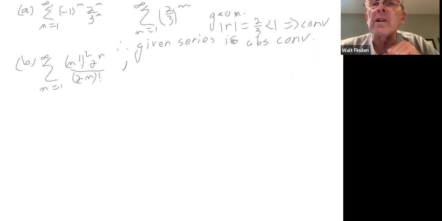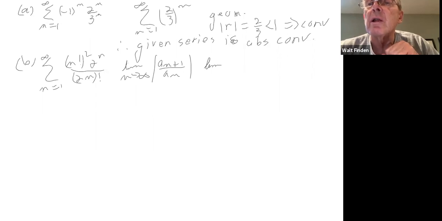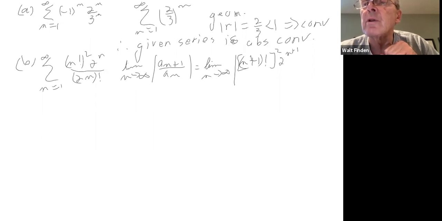Anyway, here's the limit, as n goes to infinity, of a_(n+1) over a_n. And putting in the expressions, n goes to infinity, we have ((n+1) factorial) squared 2^(n+1), and (2n+2) factorial on the bottom.